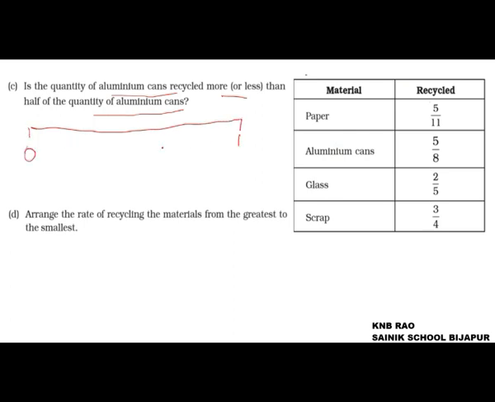When I have one unit divided into 8 equal parts, amongst them I have in the center 4 by 8, next to that 5 by 8. That means 5 by 8 is more than half. I can say if I have 8 aluminum cans, out of 8 aluminum cans, 5 are recycled.